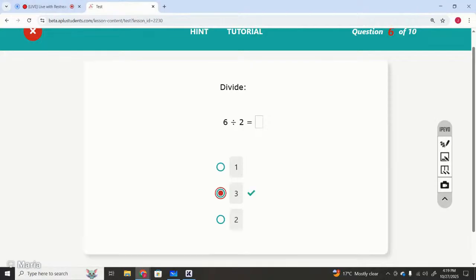That is 6. 6 divided by 2 is 3 because 2 times 3 is 6. Two times 5 is 10. Option number 1 is the correct option.